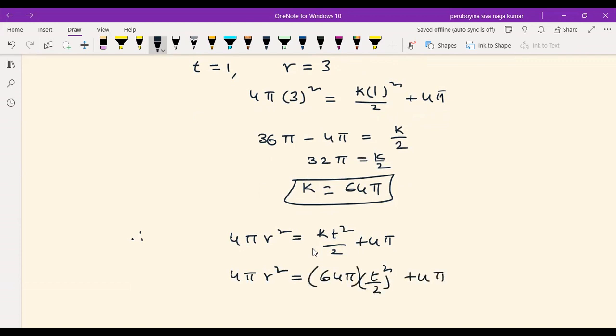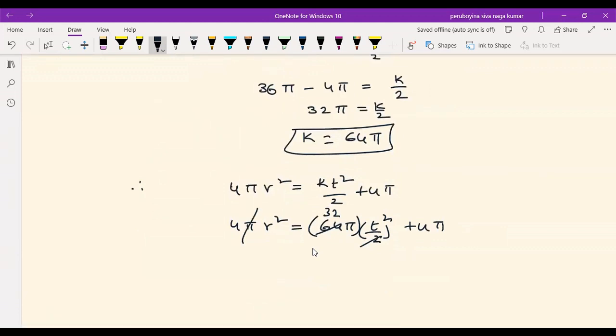I just replaced the k value. 64 by 2 is 32. Now overall, you can cancel pi. You can cancel 4 also. 32 goes to 8 times, and 4 goes to 1 time. So r square is equal to 8t square plus 1.